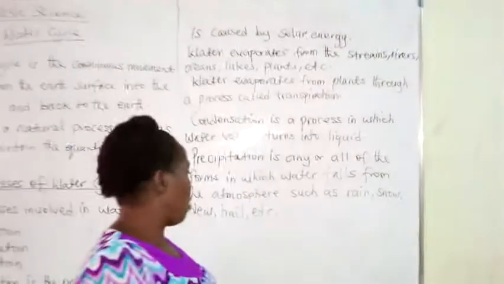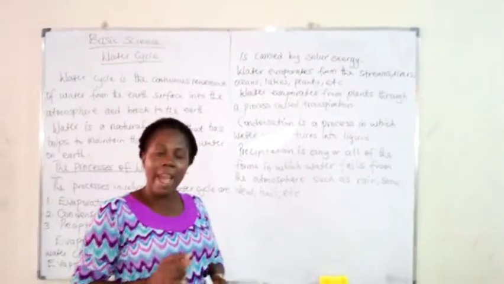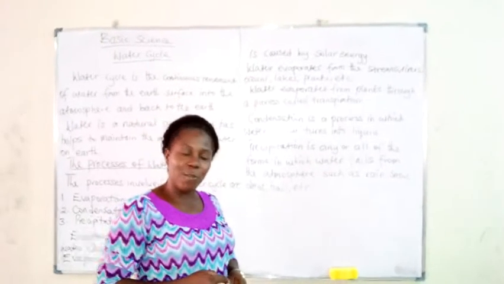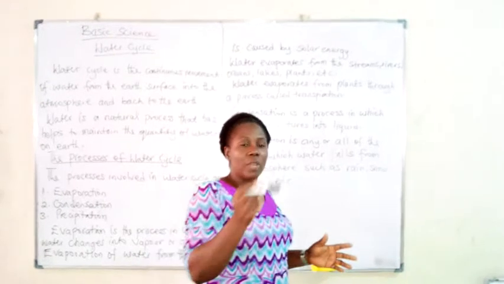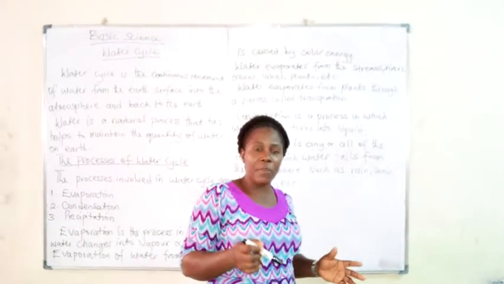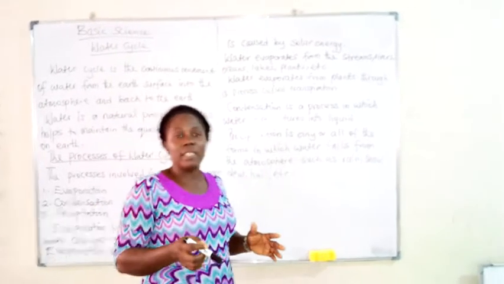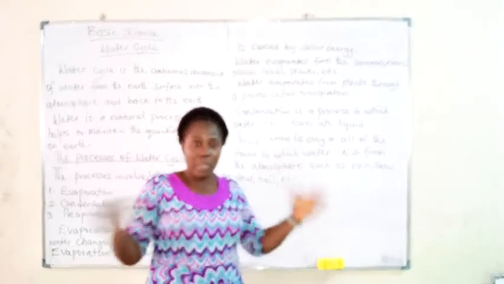Then, before we summarize, we want to look at rain formation. Remember, I have told us that rain formation is an important aspect of the water cycle. We have seen how water goes into the air, that's the atmosphere, in the form of water vapor, then condenses. Remember, I have told us that, do we see water vapor?